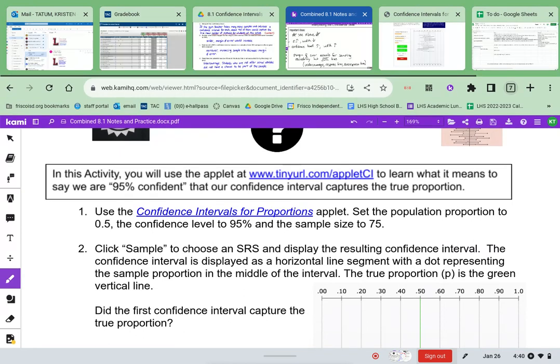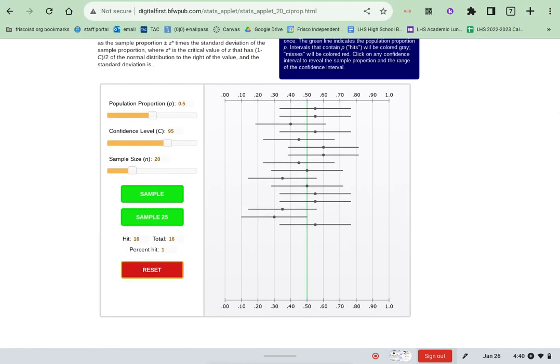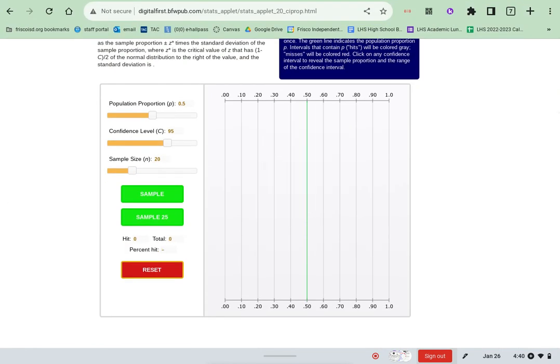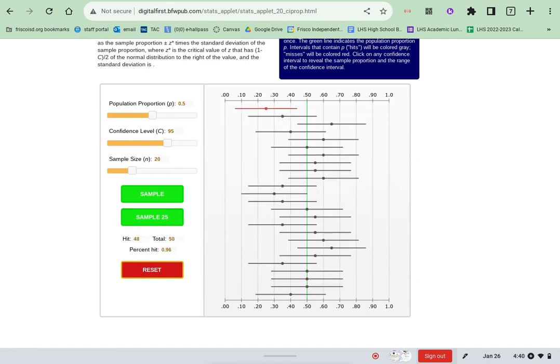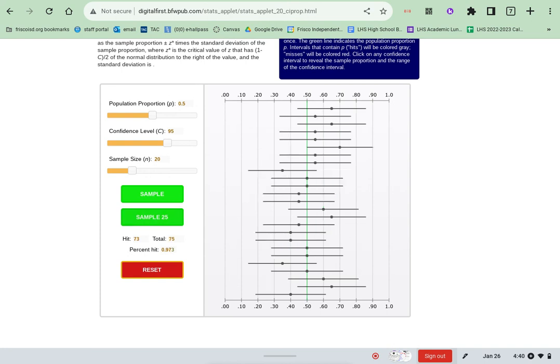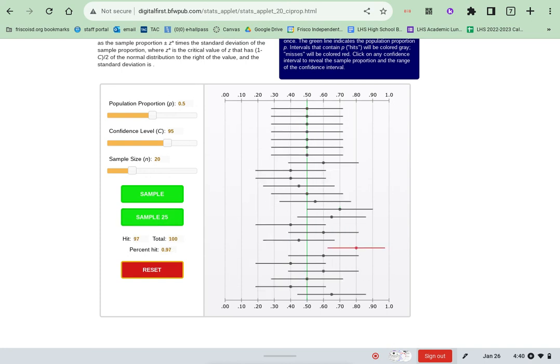Okay, so on the applet, what you should have discovered was a couple of things. First of all, not all of your confidence intervals are going to capture the true proportion. Like that one at the top right now in red does not capture the true proportion. But notice I'm going to keep sampling until, see now look on the bottom left, it has the total.